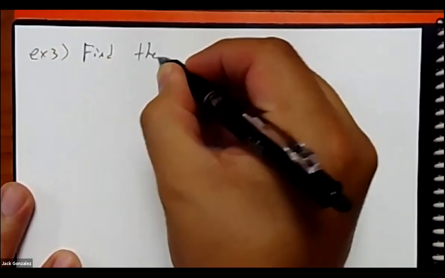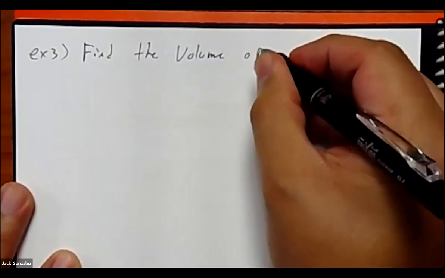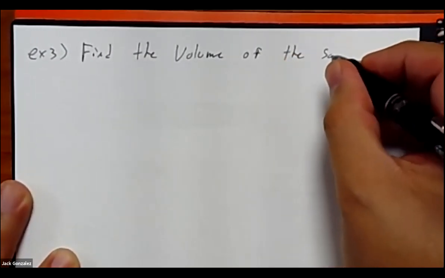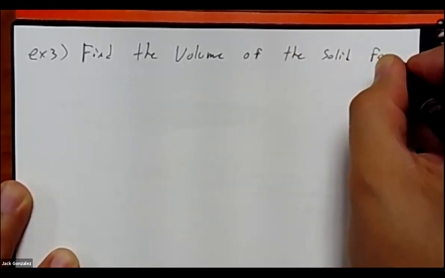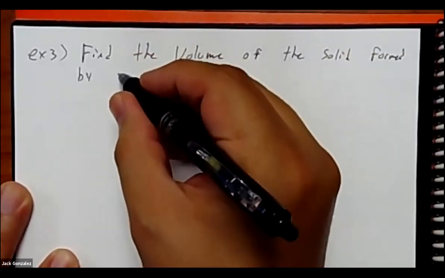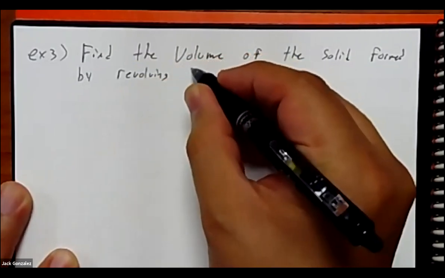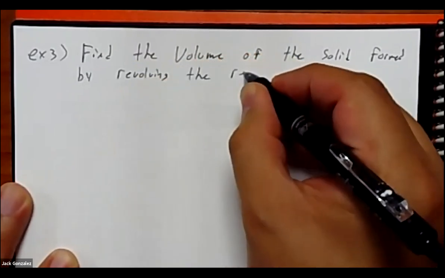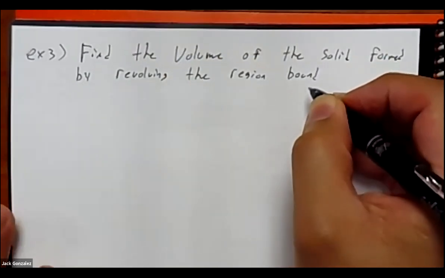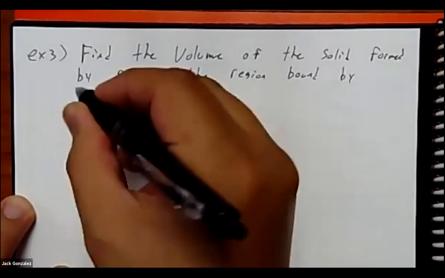Example 3. Find the volume of the solid formed by rotating, or by revolving, the region bounded by the following.